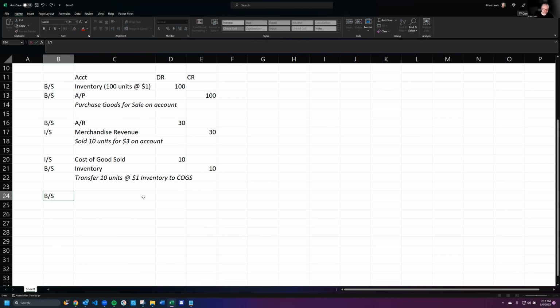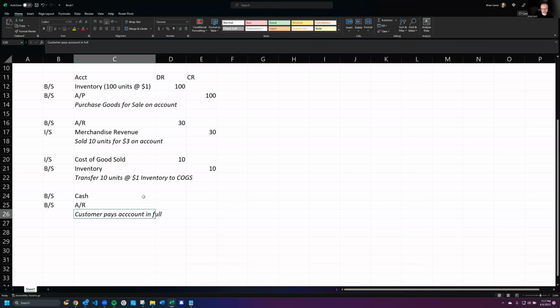So on balance sheet accounts, we're going to do customer pays account in full. Okay. So that would all go to cash, right? And we're going to reduce accounts receivable. So in this case, they had $30 in accounts receivable. We're going to get $30 in cash and reduce $30 in accounts receivable.